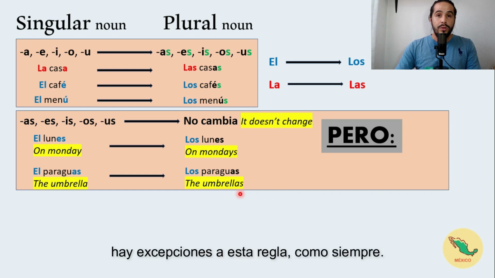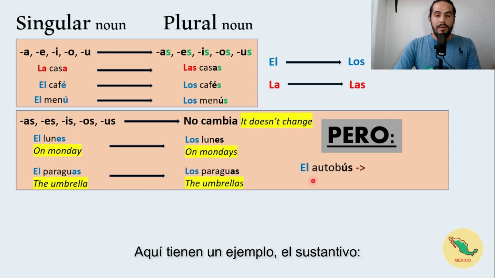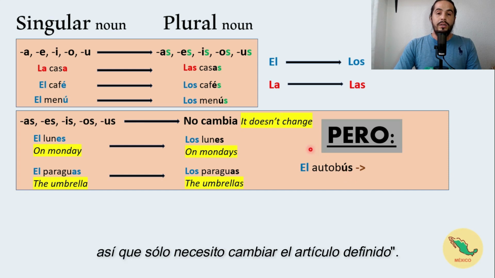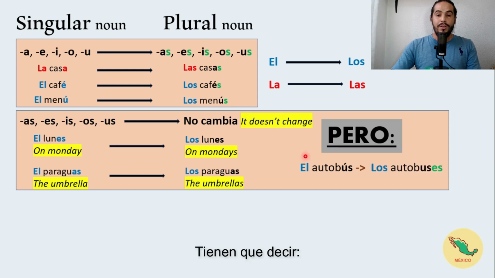Pero there are exceptions to this rule, as usual. Here you have an example. You have the noun autobús. El autobús. You may think this noun already ends with us, so I only need to change the definite article. But in this case, no. You need to say los autobuses. Los autobuses. Why?